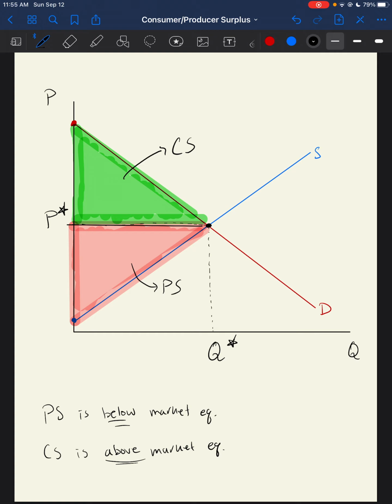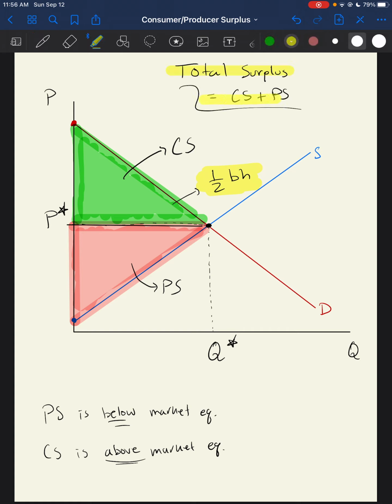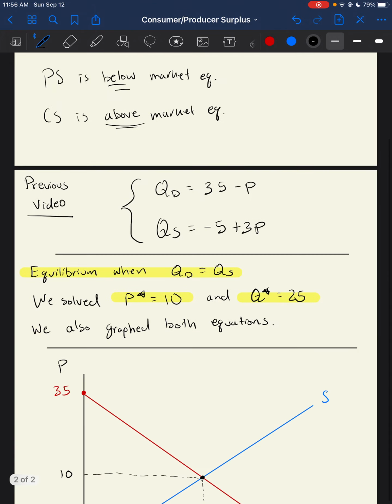To solve for these, remember, we know the area of a triangle is one half base times height, so we can solve for both consumer and producer surpluses. Now, if we want total surplus, remember that total economic surplus is just going to be the consumer surplus plus the producer surplus. So knowing that, we can now go to our example.